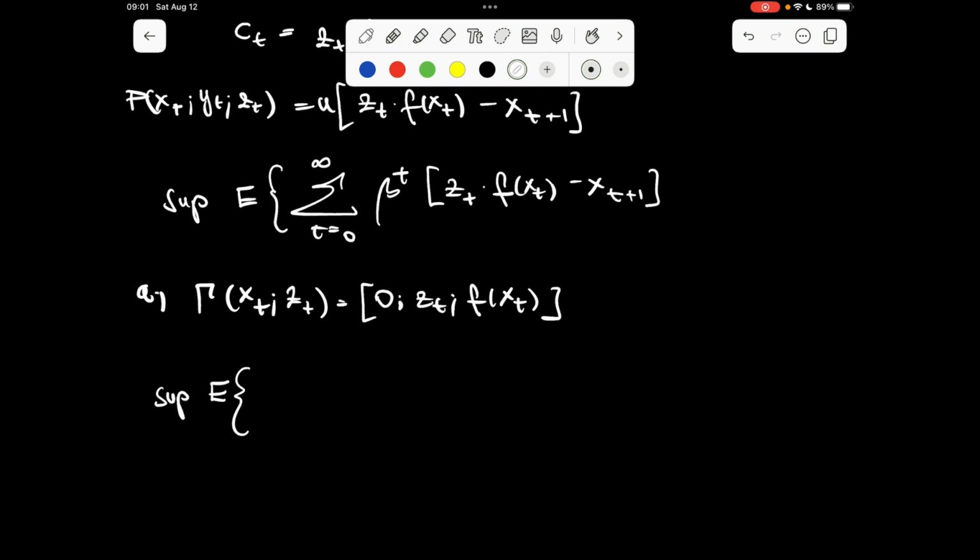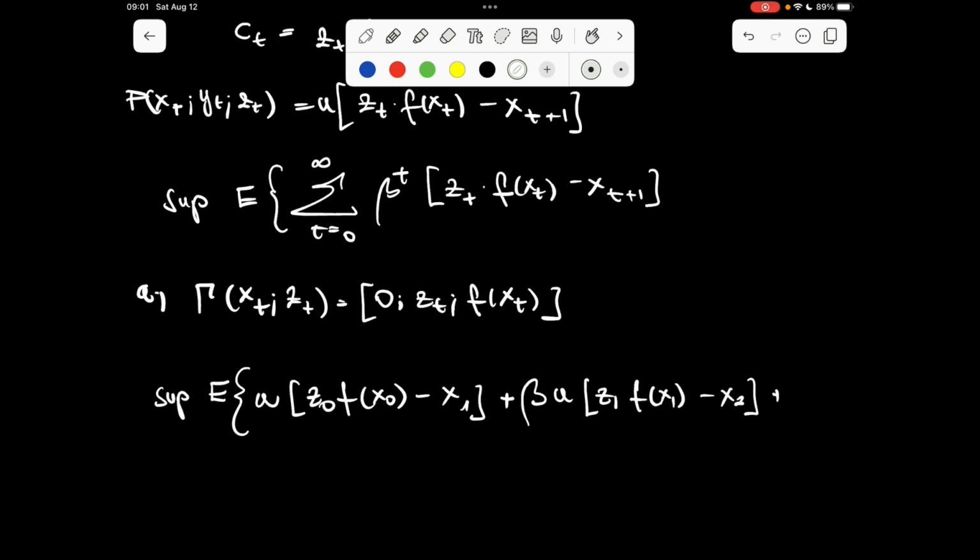I'm trying to expand the sequential problem without the summation. So it's an infinite sum based on the optimal plan.